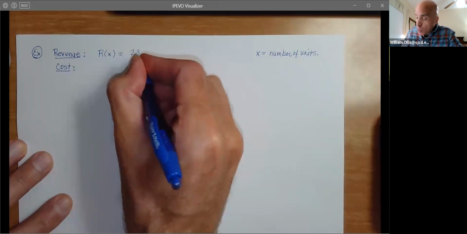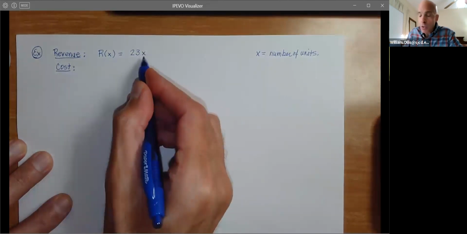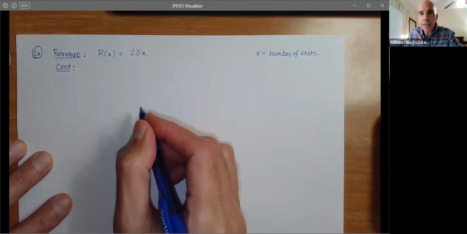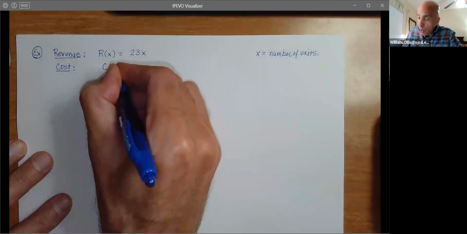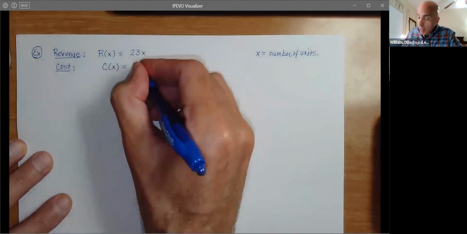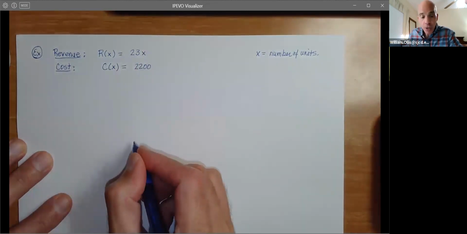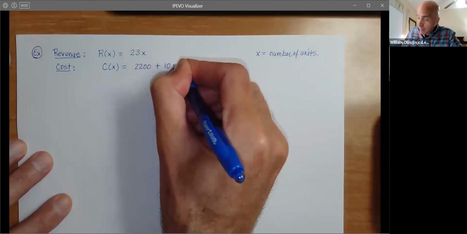The revenue is 23X. That is, X is the number of units, and 23 times that will give you the money that you make in dollars, okay? And then the cost, which will represent with the C of X as a formula, will be 2,200. Again, that's a fixed cost, plus 10X.